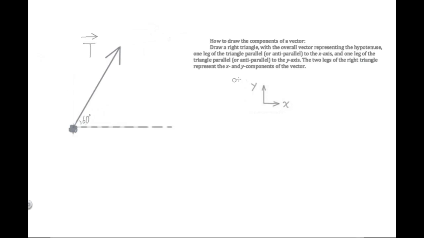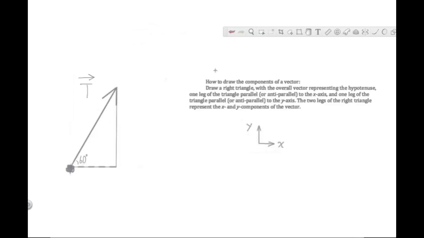And then the other leg of the triangle should be parallel to the y-axis. So through the head of the overall vector, I'm going to draw a vertical line, parallel to the y-axis. So that's the method for drawing the right triangle. The overall vector should be the hypotenuse. One leg should be parallel to the x-axis, and one leg should be parallel to the y-axis.